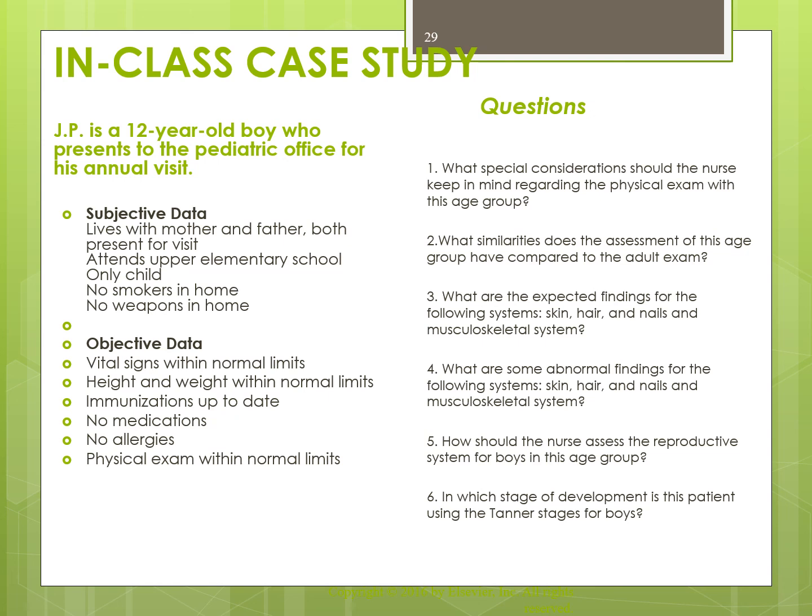What are some abnormal findings for the skin, hair, and nails and musculoskeletal system that you could possibly find? And then how should the nurse assess the reproductive system for boys in this age group? And which stage of development is this patient using the Tanner's stages for boys? Hopefully you'll be able to answer those questions and find the answers to those questions.